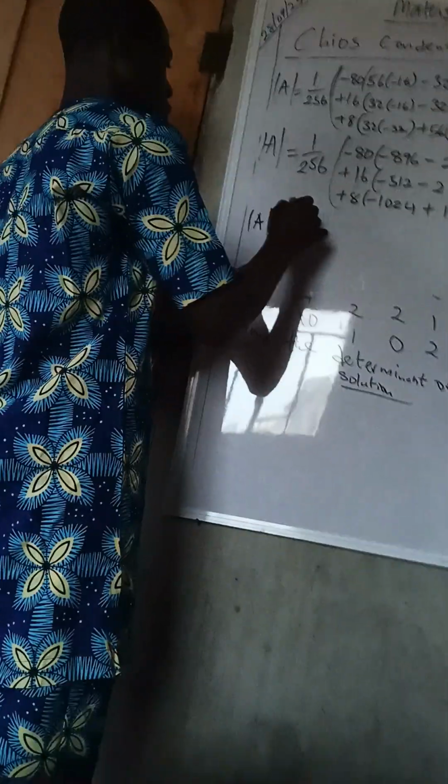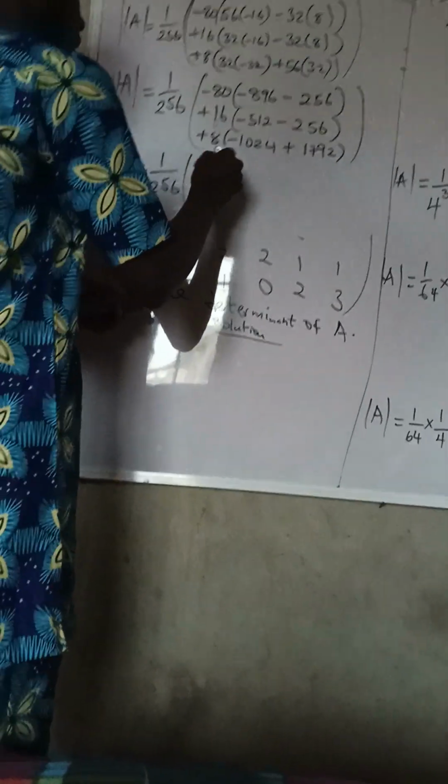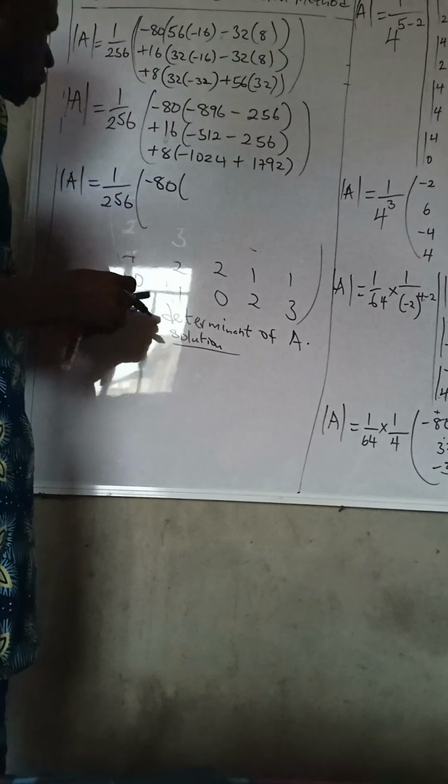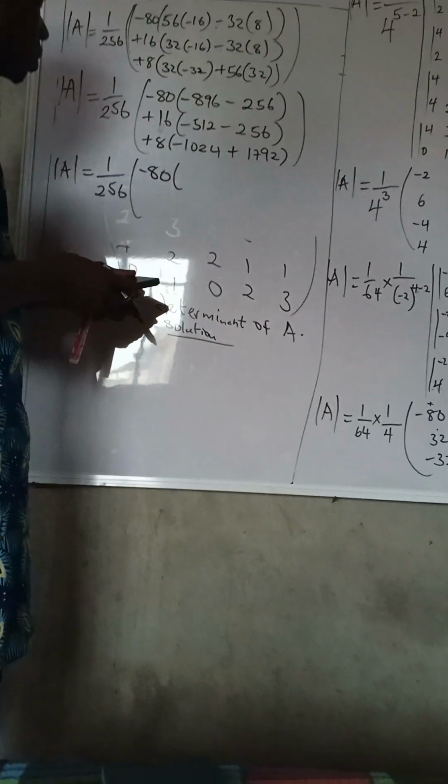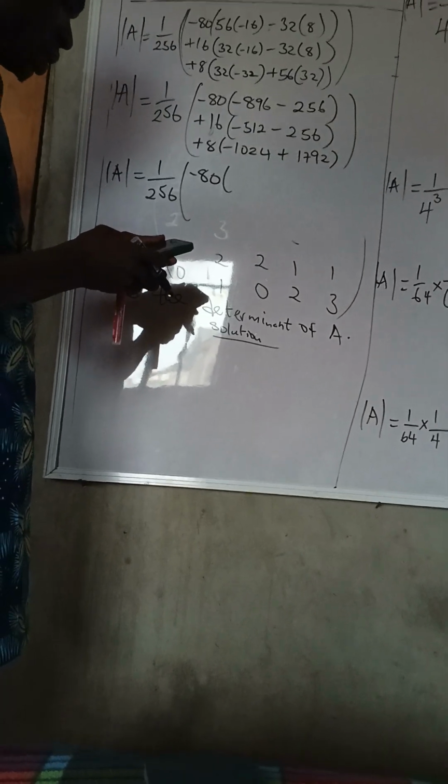The determinant is 1 over 256 into, you have minus 80 into minus 896 plus 256.